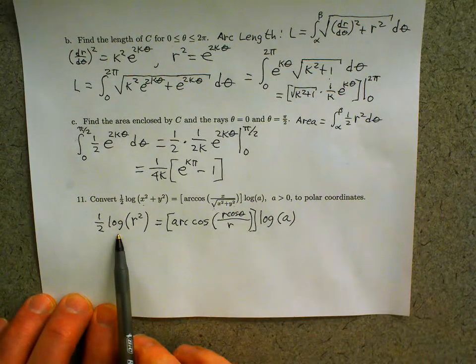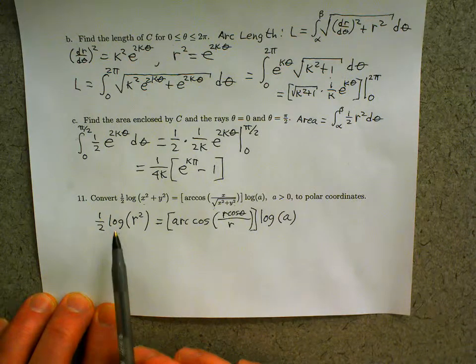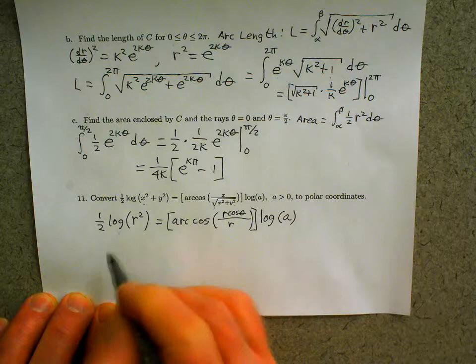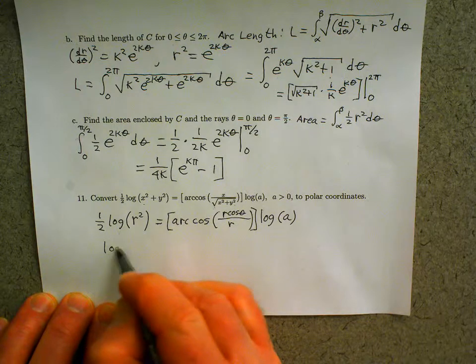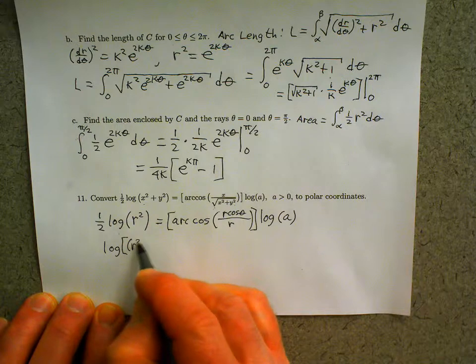Using a property of logarithms, 1/2 times the logarithm of r to the second is the logarithm of r to the second to the 1/2.